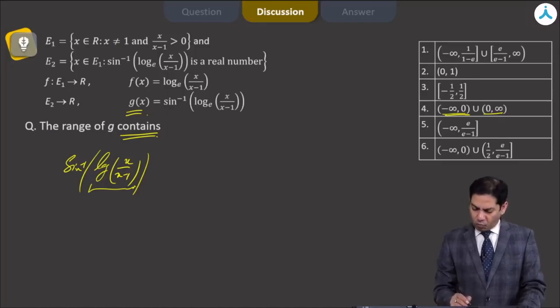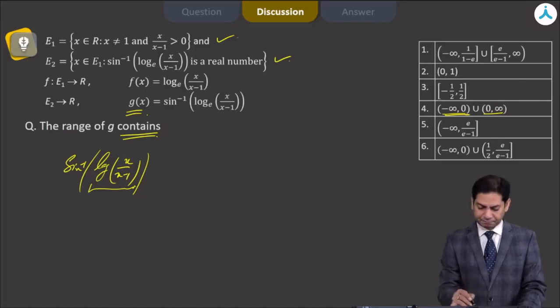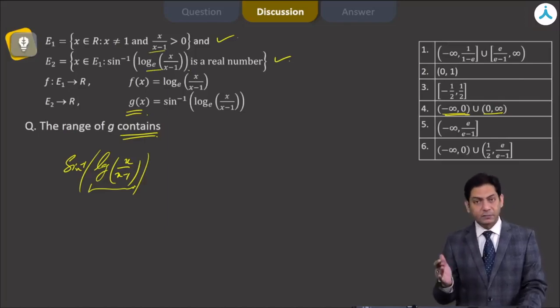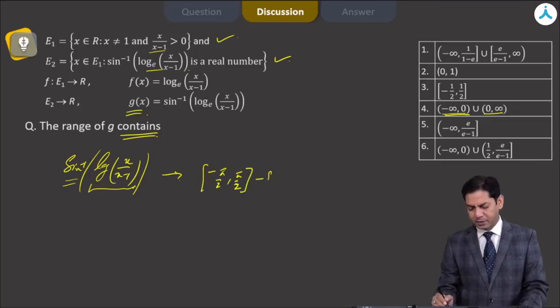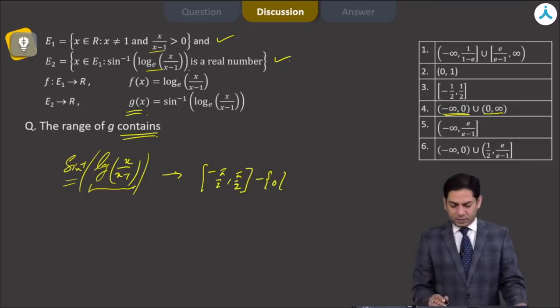Now, this restriction and this restriction, and the domain restriction, that is this one and this one, ensure that we are able to get all the values in between -1 and +1 only, but we won't be getting 0 inside this sine inverse function. That means the range for this is going to be -π/2 to +π/2, close bracket, minus 0. 0 will not be there.